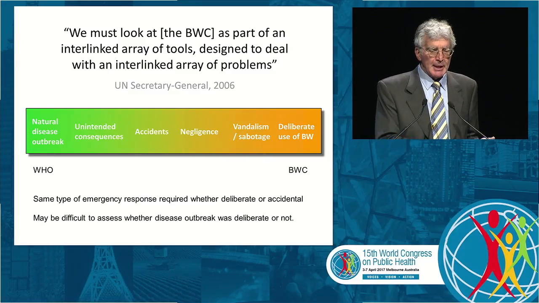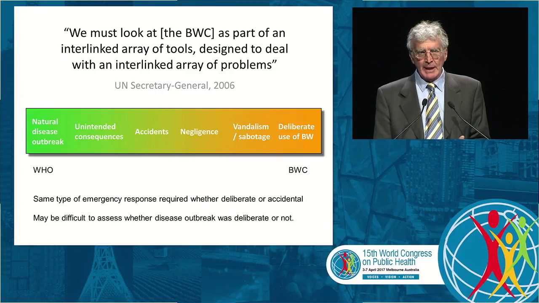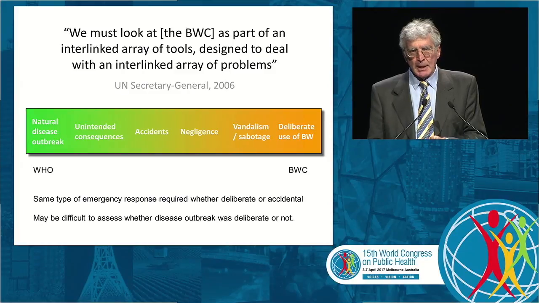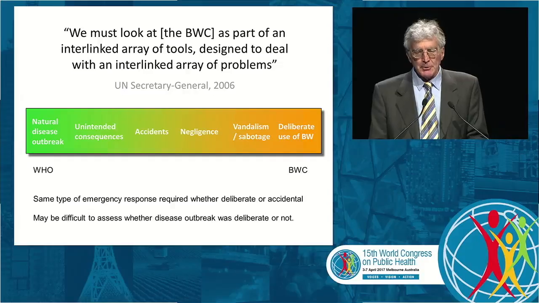Everything from a natural outbreak of disease, accidents, perhaps from a university lab or from a high containment facility, negligence, through to the deliberate use of BW, which could either be a state program, like during warfare, or else deliberate use by a terrorist entity.